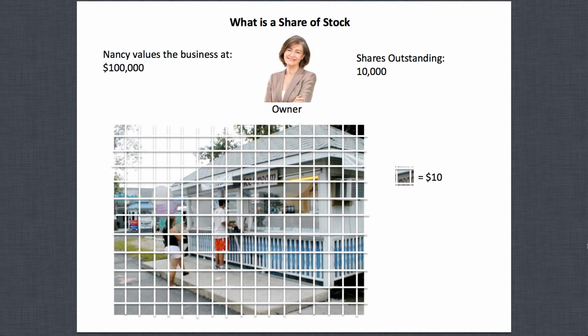So as you can see, I took the picture of the ice cream stand, which was a whole business, which she was valuing at $100,000, and she was trying to sell it with no luck. And what she did is she divided this company up into what we're going to say is 10,000 pieces. So as you see the little squares there, those squares represent that she split that business up into 10,000 different pieces.